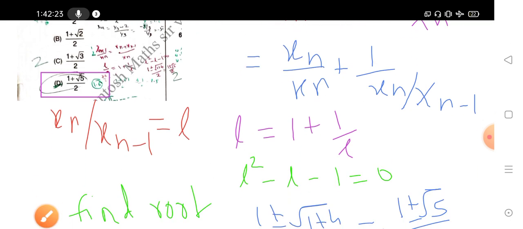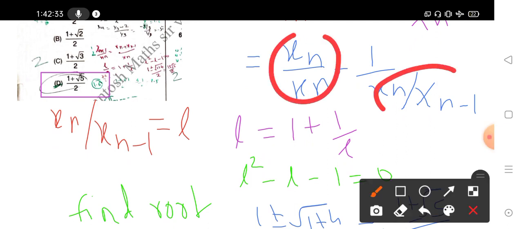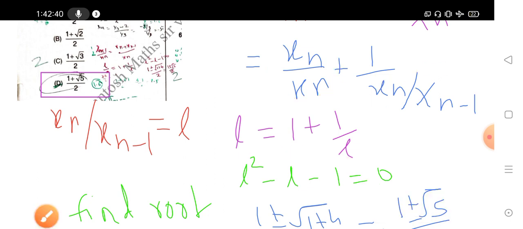Put xn upon xn minus 1 equal to L as a limit, and L equals 1 plus 1 upon L, and multiply by L.